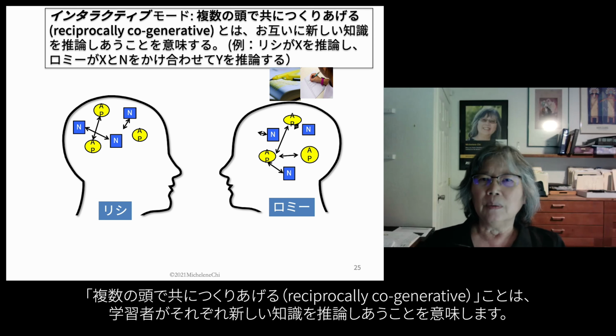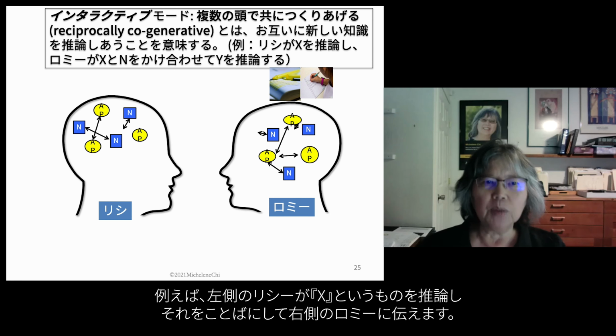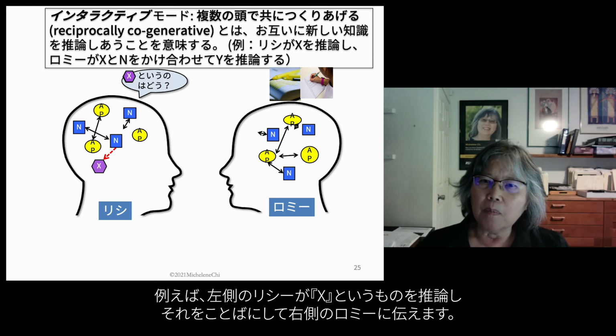So reciprocally cogenerative means that each partner infers some new knowledge on their own. So for example, Rishi, on the left, can infer X and articulate X, right?